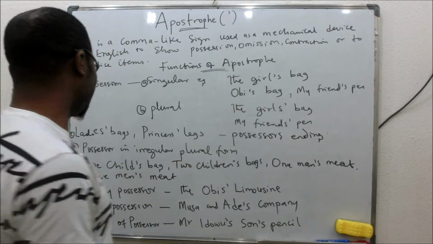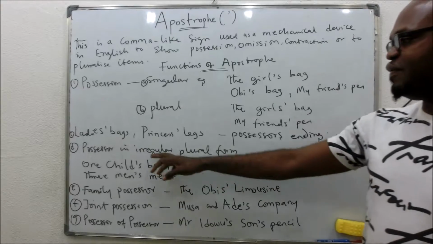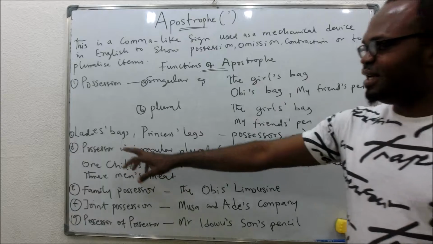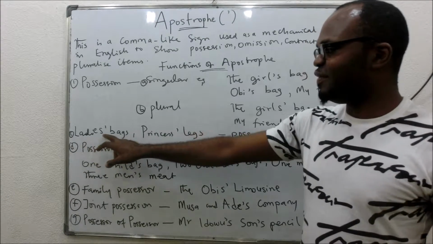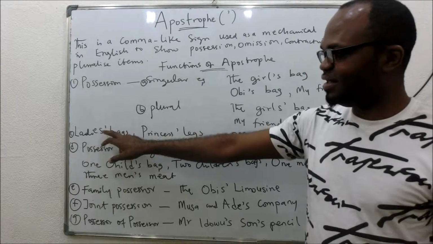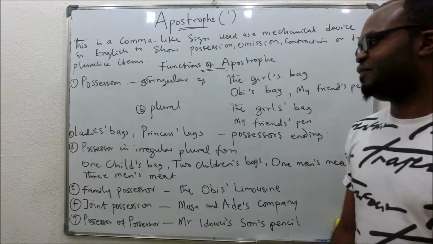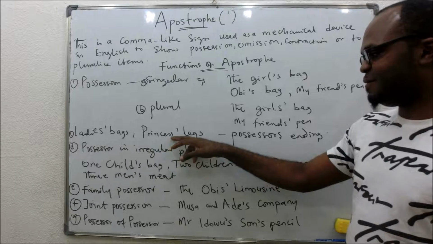So let's look at irregular ones, like if you have ladies' bags. If you have more than one lady, instead of introducing another S behind the ladies, you just leave it at the same spelling of the ladies and just put apostrophe. So that's how you get about this. Princess already has S behind.